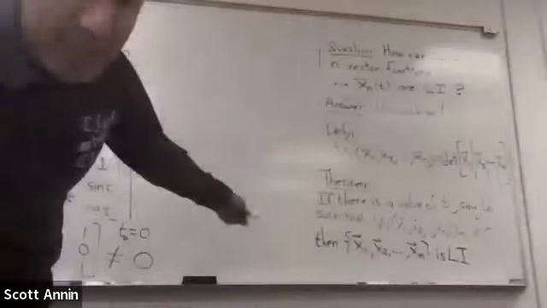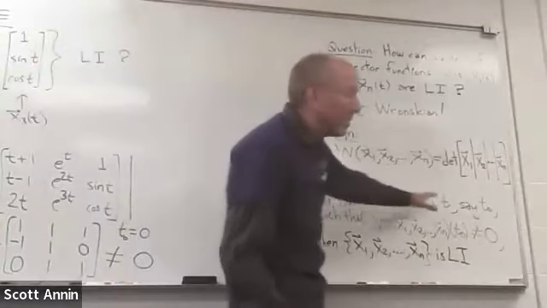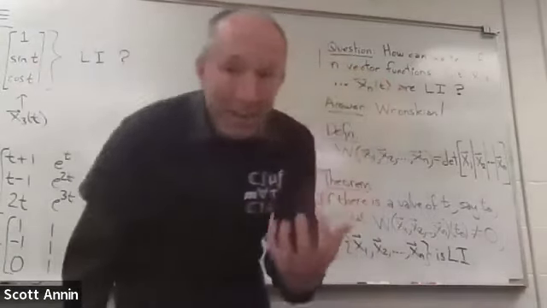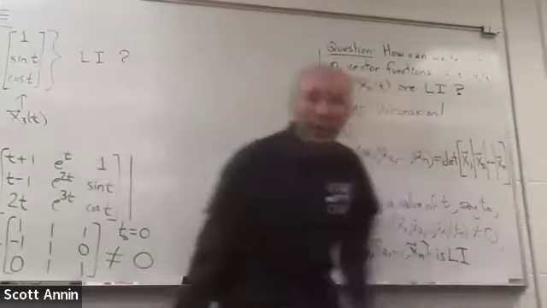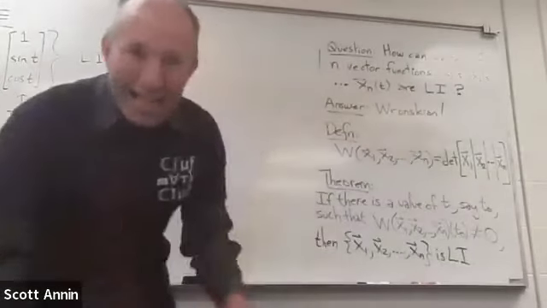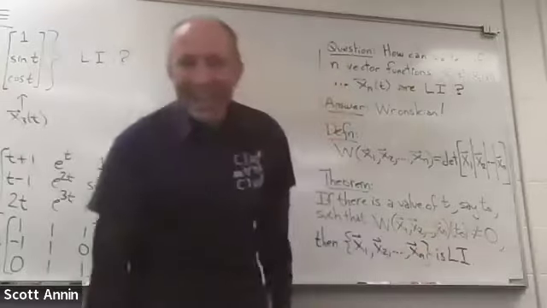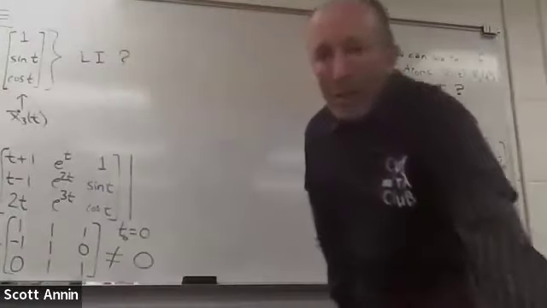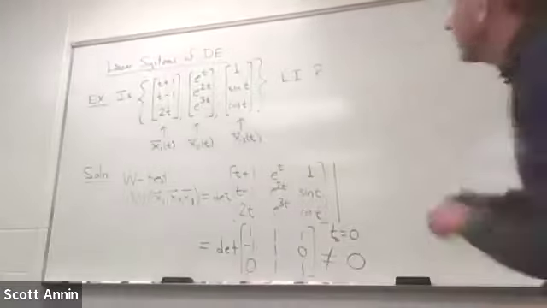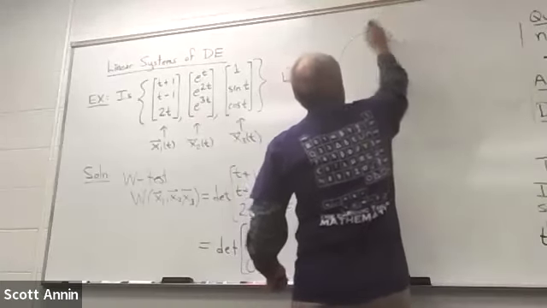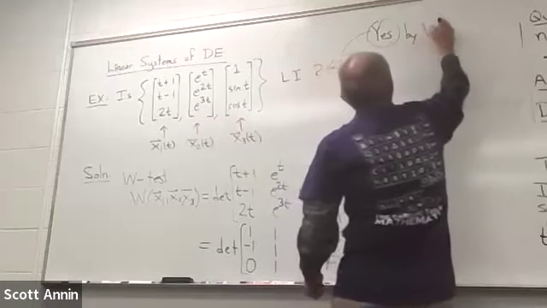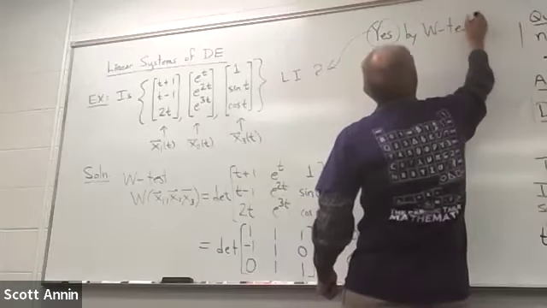And what our theorem says here is that as long as there is even one value of t naught that makes the Wronskian not zero, then we win, right? Then the vectors are LI, and we're happy with that. So in this case, we already can say yes here, by the Wronskian test.